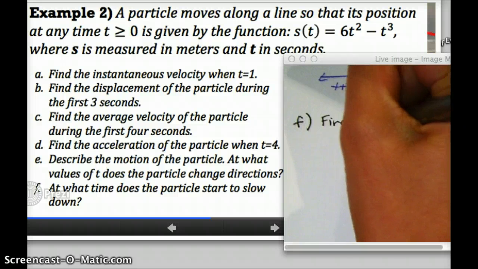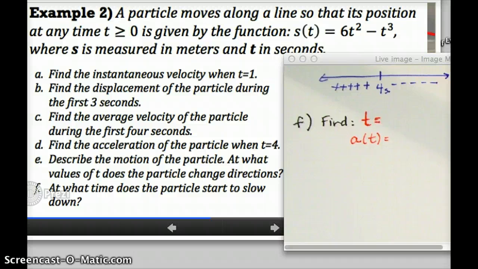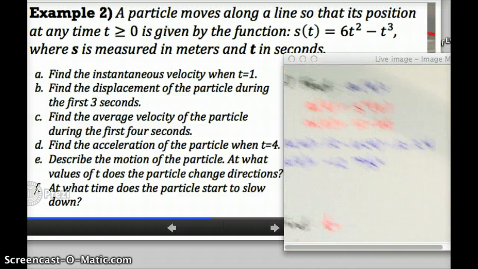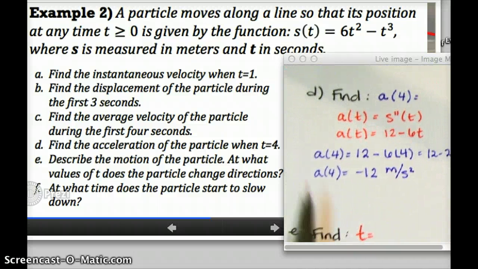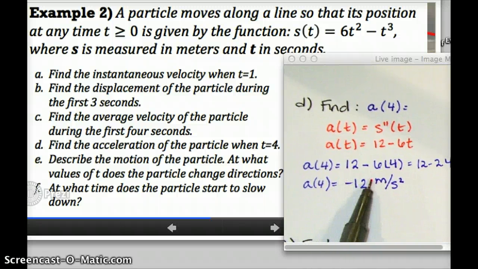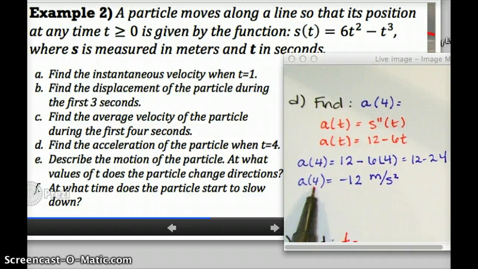So I'm looking for time, and I'm going to set up an equation with acceleration. The question is, what do I want to set the acceleration equation equal to? Well, slowing down, remember back in part D when we calculated the acceleration at 4 seconds and we got a negative number? That negative number tells me that it's slowing down at 4 seconds. So sometime before 4 seconds, it must have started to slow down.